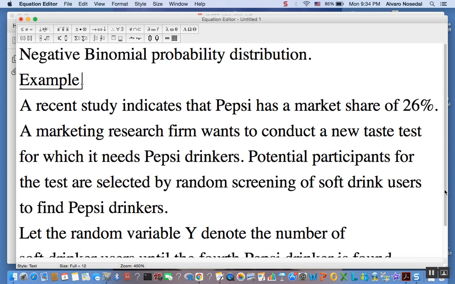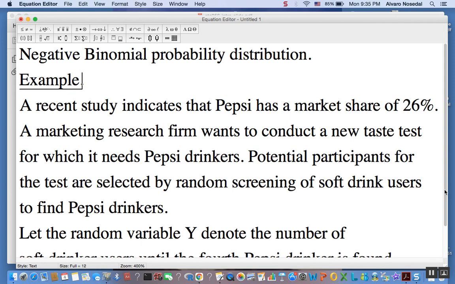It has to do with finding Pepsi drinkers. Remember? These guys had historical records that suggest that Pepsi has a market share of 26%, and they want to conduct a new taste test.